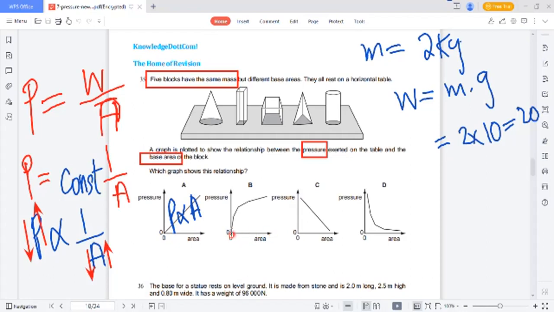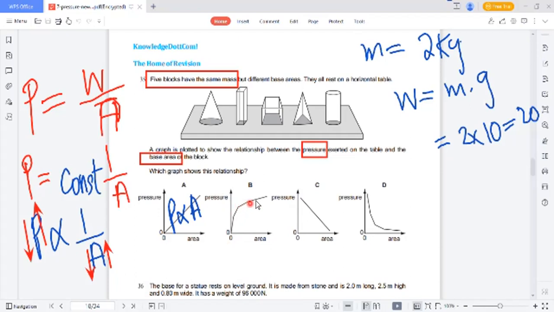It states that pressure at start increases, then pressure, like with the increase in area, pressure is not increasing as it was in the previous case.